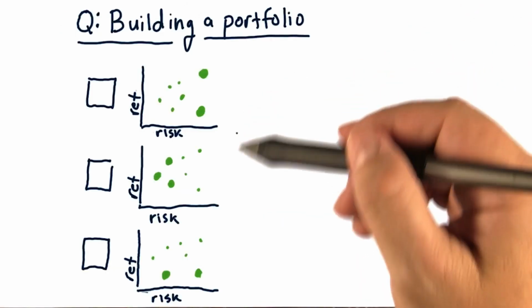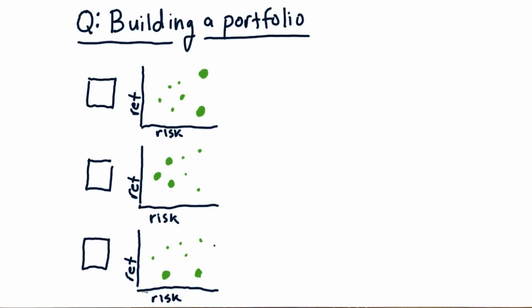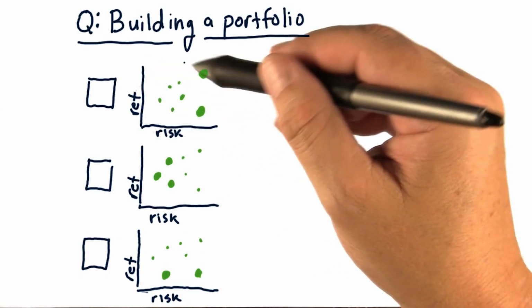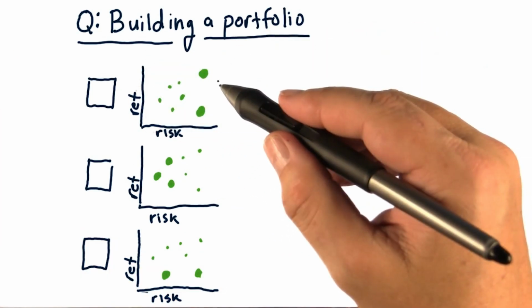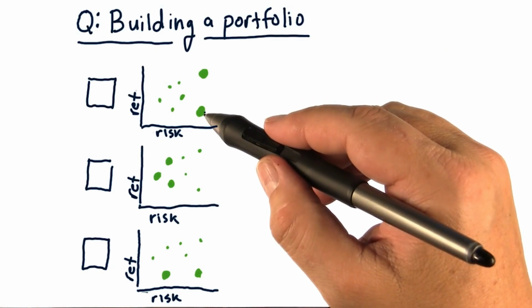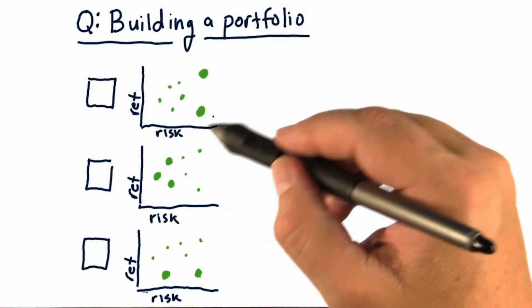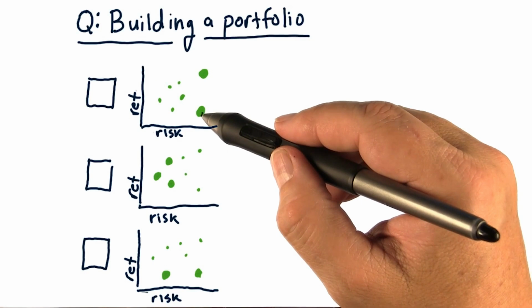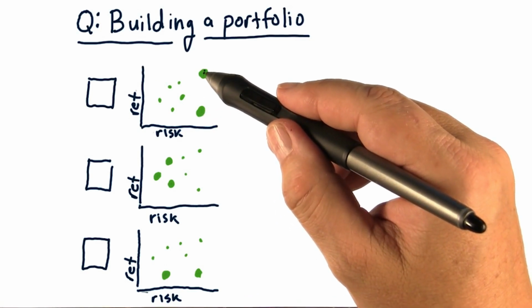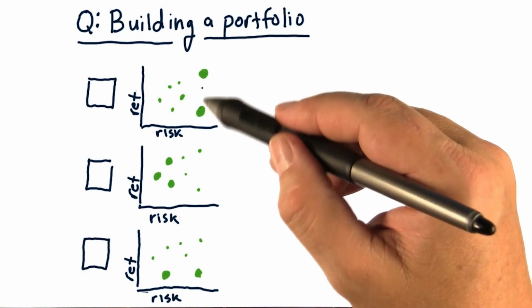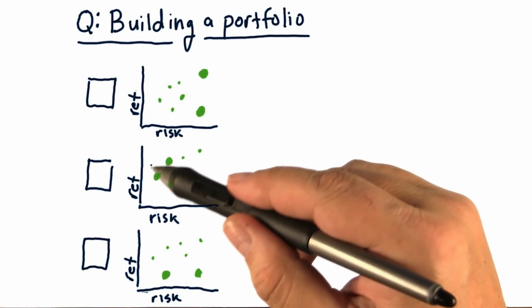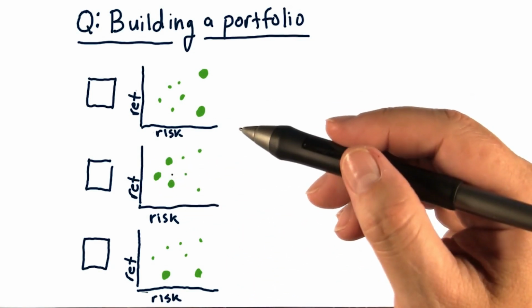I'd like you to consider these three portfolios. Each of the green dots represents an asset that's in the portfolio, and it's on this risk versus reward scatter plot. We've indicated the weights of the assets by the size of the dots. So for instance, this portfolio has most of its assets in these two equities, whereas this one has most of its assets in these three.